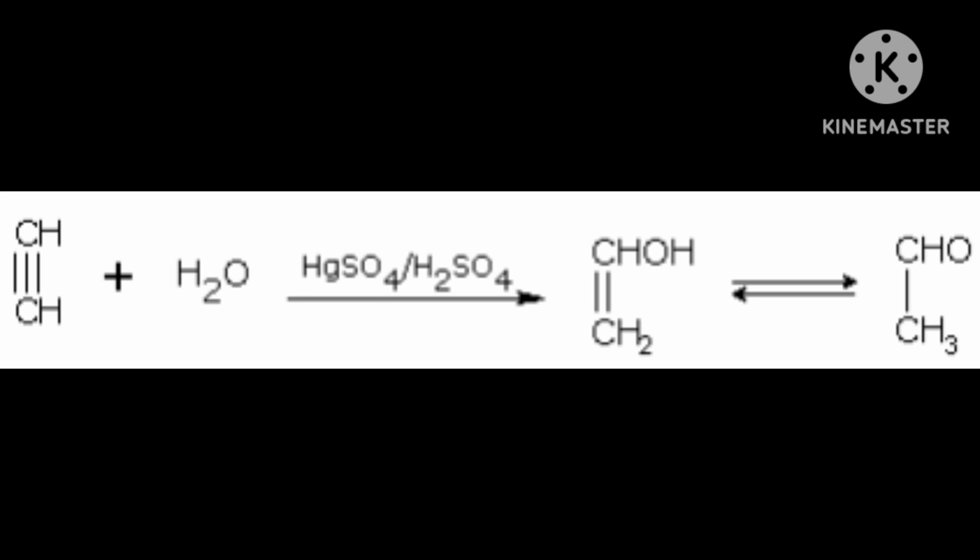In the same way, another reaction you can take is propyne: one hydrogen is gone and a methyl group came. Again here the same type of reaction will take place: OH will join one carbon, and H will join the other carbon. But here, where will OH join? Two carbons are there.